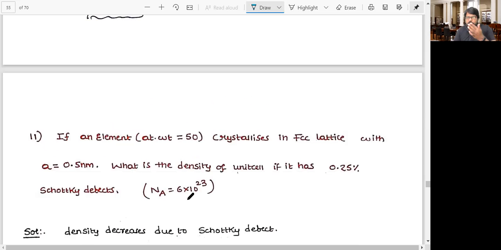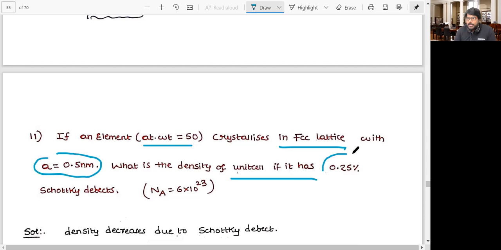Let us solve some questions on Schottky and Frenkel defects. If an element of atomic weight 50 crystallizes in an FCC lattice with edge length 0.5 nanometers, what is the density of the unit cell if it has 0.25% Schottky defects? Avogadro number, we have to use this value.